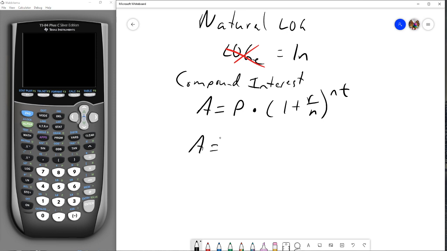A is going to be our amount of money. P is the initial investment amount.